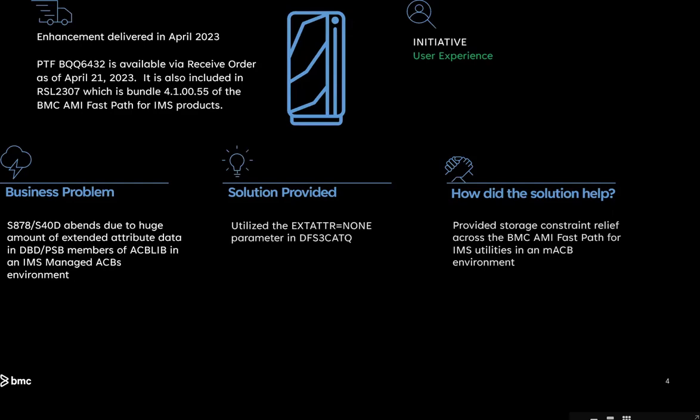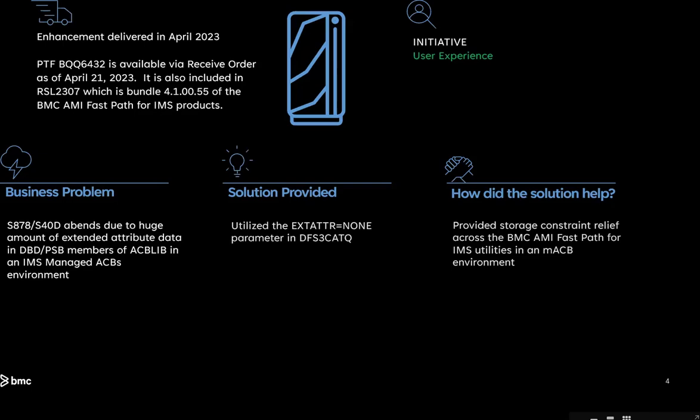So we realized soon after that a similar problem could exist in all BMC AMI Fast Path for IMS products while operating in an IMS managed ACB environment, because as you know, huge metadata in DBDs and PSBs is predominantly the case with most of the big IMS customers worldwide.